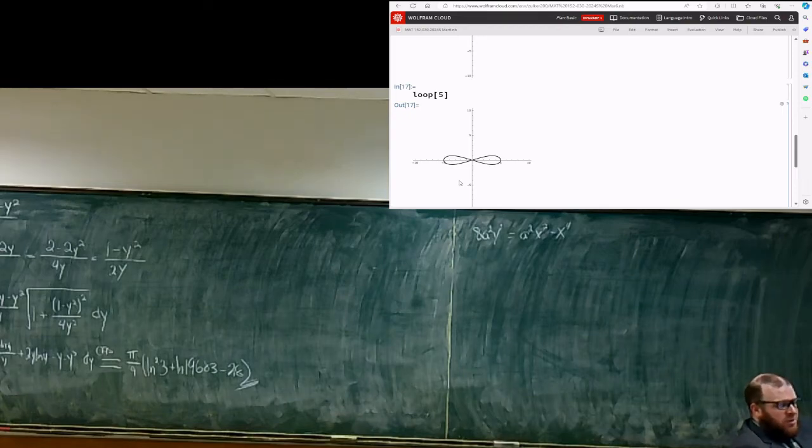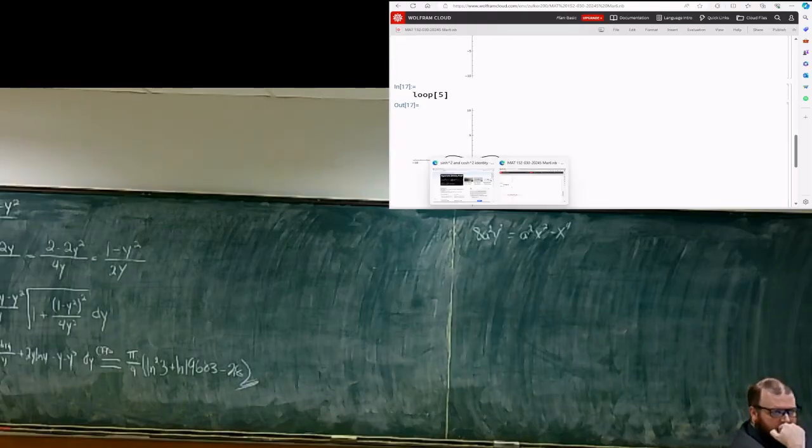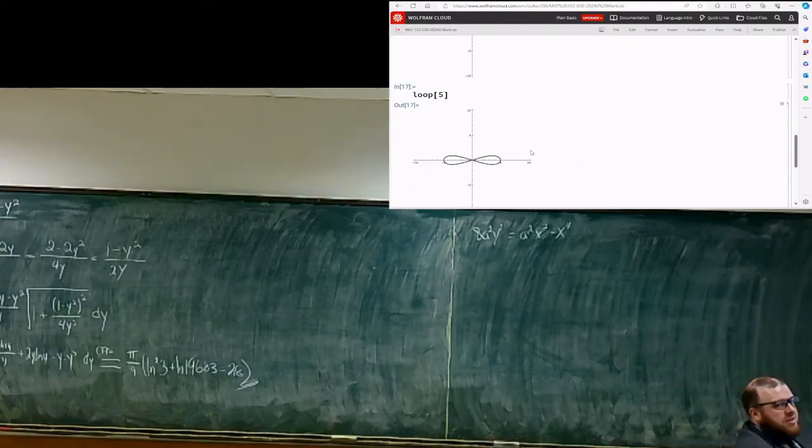So they want to revolve one loop. So this here would be a loop, this one side. Revolving it about the x-axis, right? Well, if I revolve the entire loop about the x-axis, I would get the exact same thing as if I just revolved this top portion about the x-axis, right?